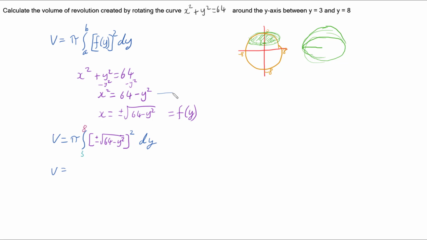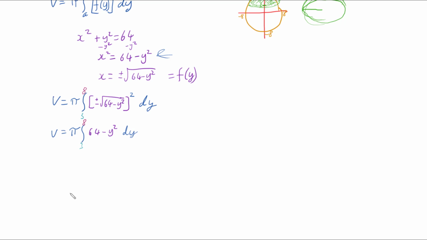And in fact, I could have just used this rule here and forgotten about that square, because I've now got the integral between 3 and 8. And with the square cancelling out the square root, I just have 64 minus y squared with respect to y.